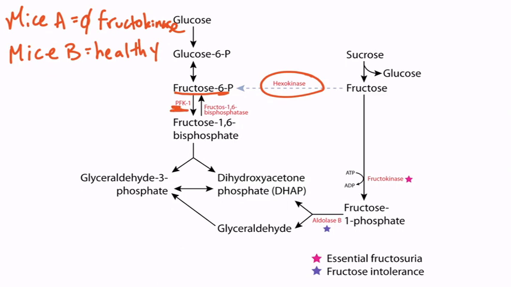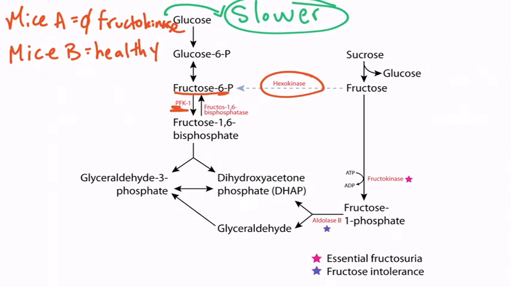Because mice from group A have a fructokinase deficiency, all of the fructose must be metabolized through the rate-limiting step of glycolysis, which means these mice would likely have a slower rate of fructose metabolism compared to healthy mice. Mice from group B would metabolize a large portion of glucose through the more traditional pathway, which is below the level of PFK1.